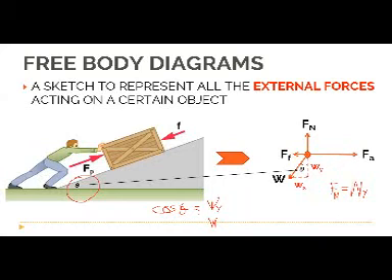To solve for our W sub y, we use cosine theta equal to W sub y, since it is the adjacent side of our angle, divided by the hypotenuse, which is the weight, W. If we cross multiply this, W sub y is equal to cosine theta times W. So to solve for W sub y, we use cosine theta times the weight of the object.